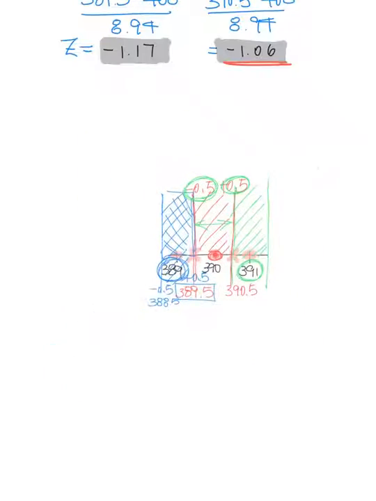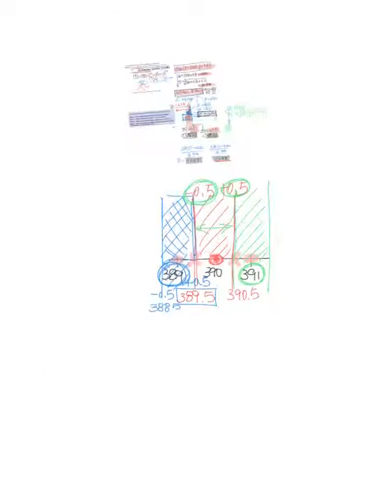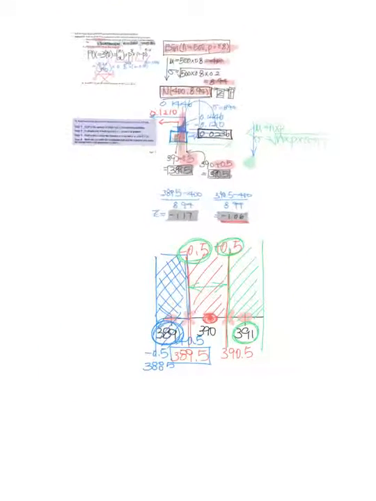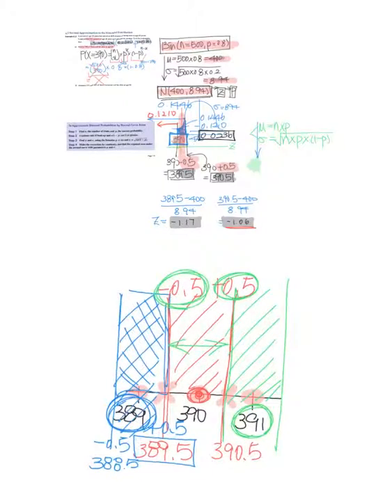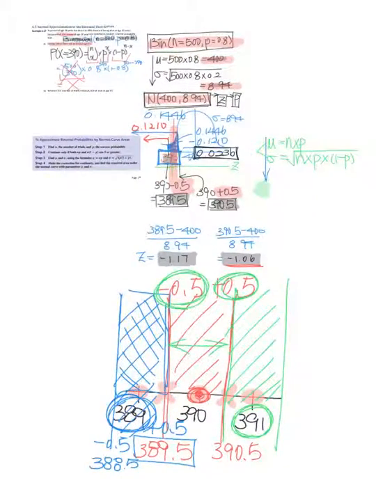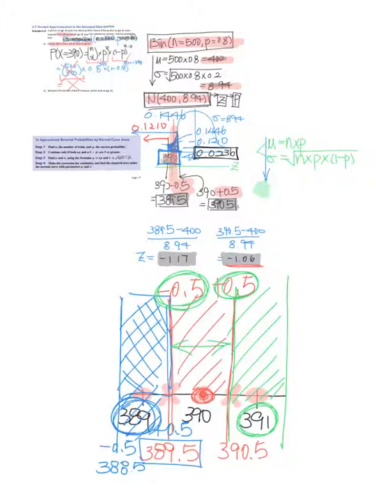Please try to understand what the normal approximation to the binomial distribution is, and why we have to do plus and minus 0.5 to take the probability from the normal distribution. And remember, it is an approximation.